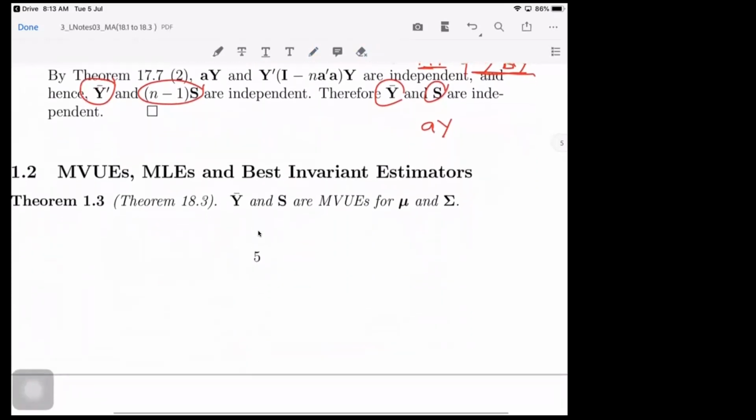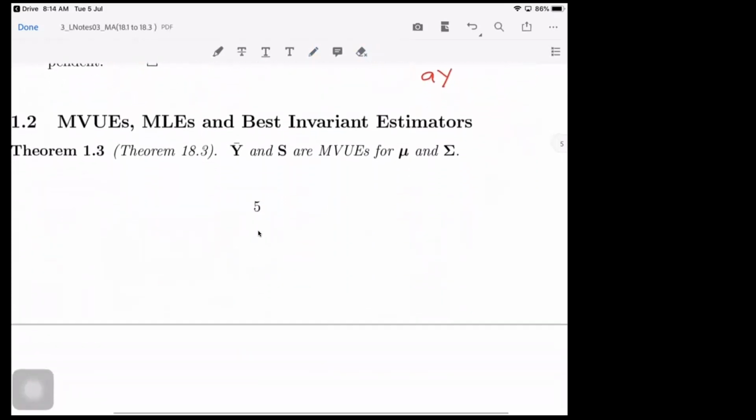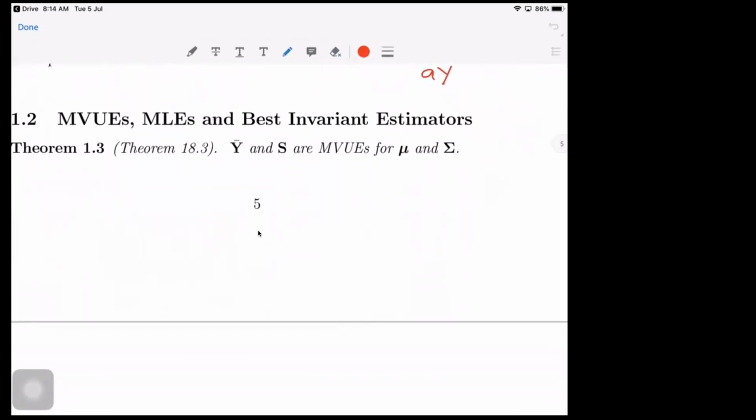Okay. The next concept that we studied last time is other properties of your y bar and S. In this theorem 18.3, we see that y bar is MVUE for mu, S is MVUE for sigma.